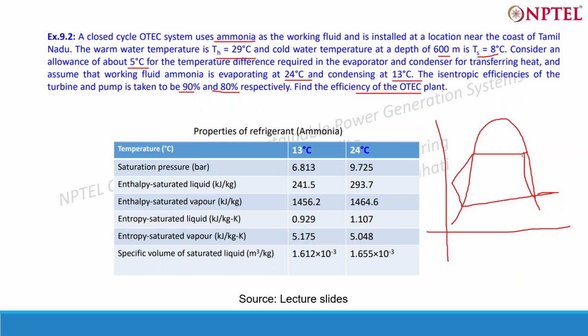And this is the actual versus isentropic path for the turbine, but it will flow like this. Similarly, this is the work required for pumping, but it will go like this. So you have to take all this into account because isentropic efficiencies are given.